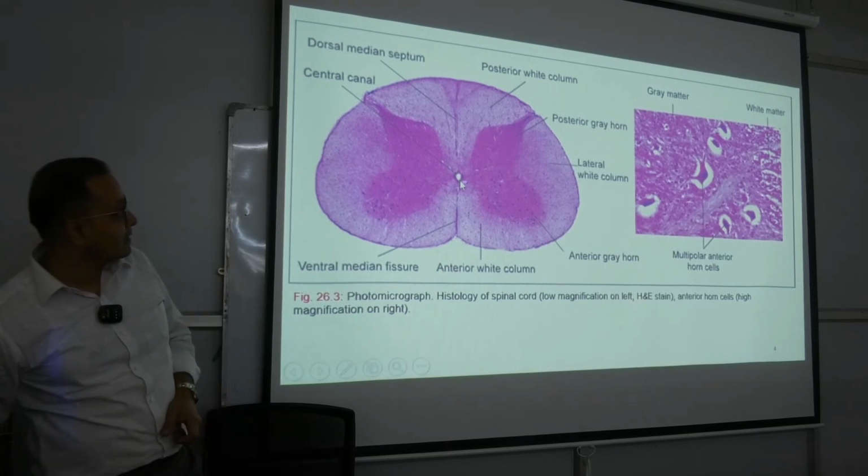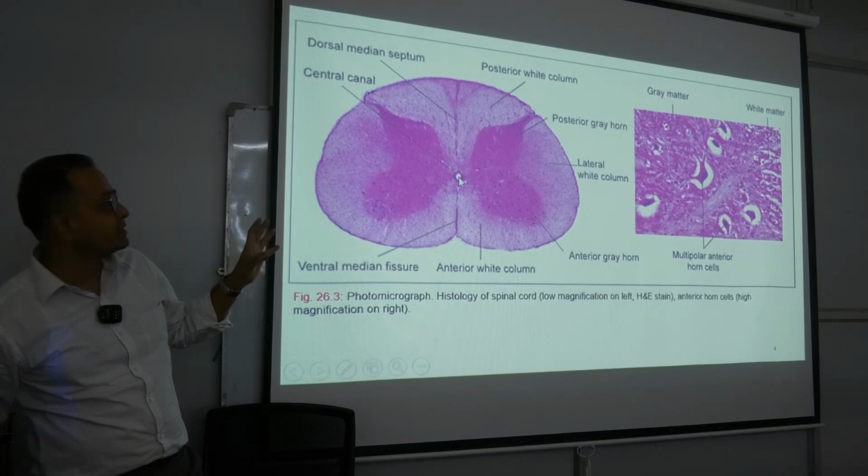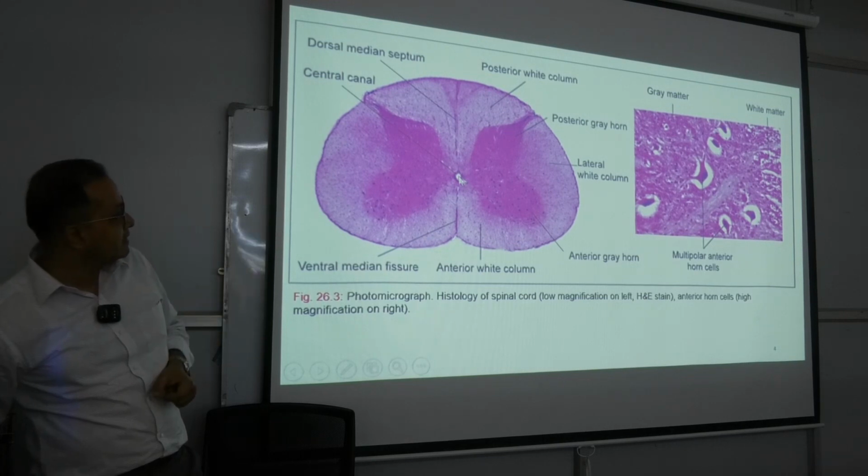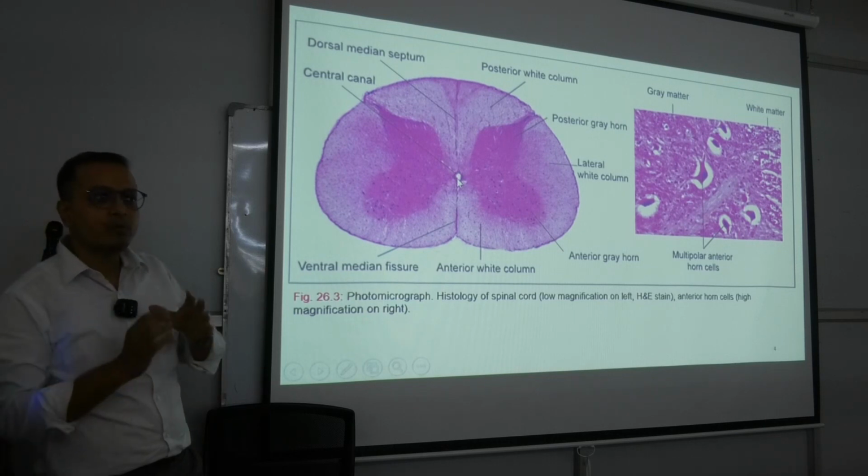What you can see, we call the central canal. Surrounding the central canal, we have these pyknotic cells, a single layer of columnar to cuboidal epithelium, which may be ciliated. These cells around the central canal are what we are going to identify.